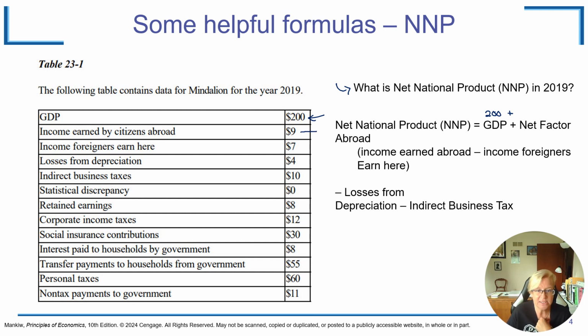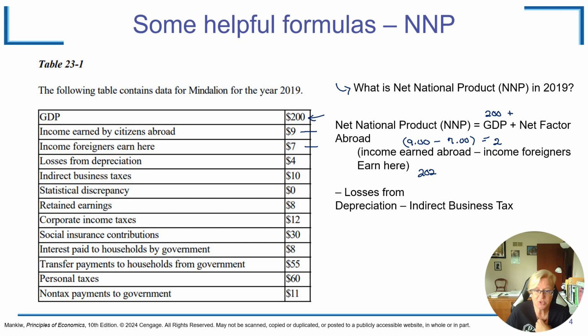As you can see, that's $9, and we're going to put that right here. We're going to subtract from that the income foreigners earn in this country, which is 7. We're going to do that first. So 9 minus 7 is 2. So we have 200 GDP plus 2, and that gives us 202. So that's what we have so far.